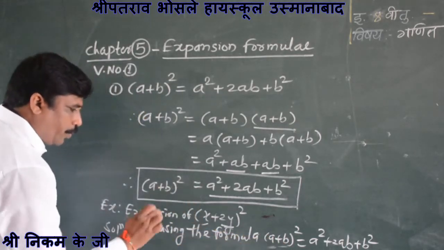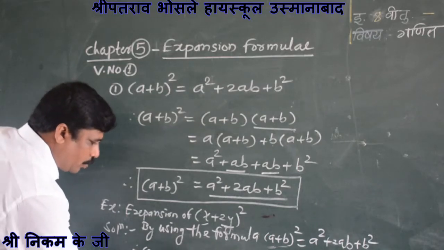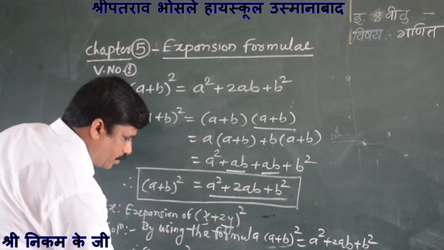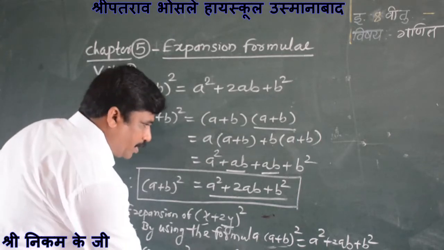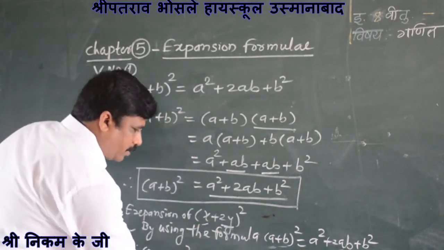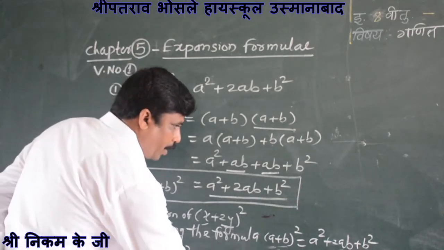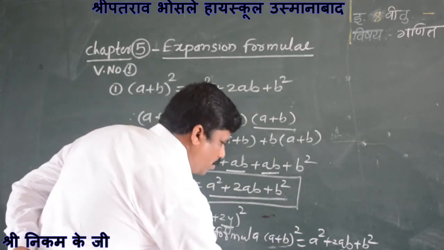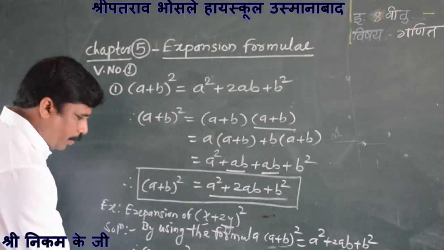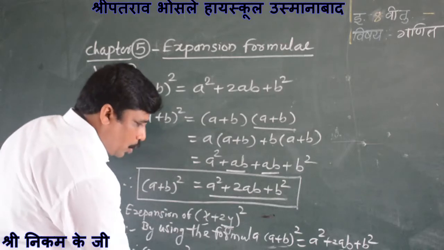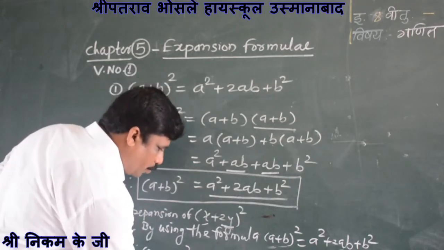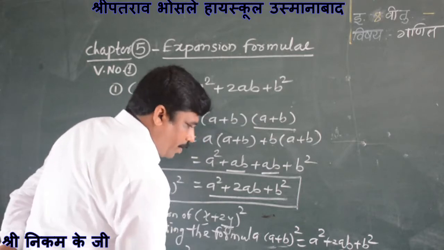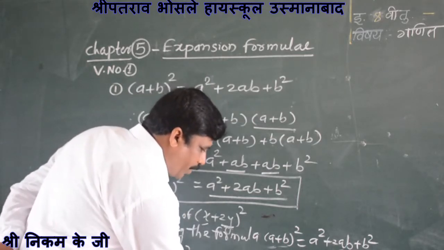Putting a is equal to x and b is equal to 2y, (x plus 2y) square is equal to x square plus 2 into x into 2y plus 2y square, which is equal to x square, 2 into x into 2y, 2 into 2 is 4xy, plus square of 2 is 4 and square of y is y square.